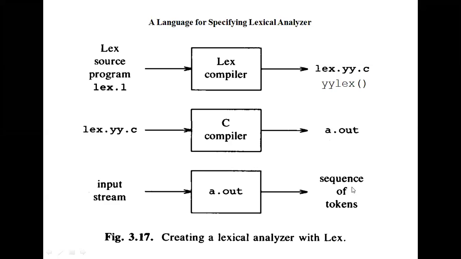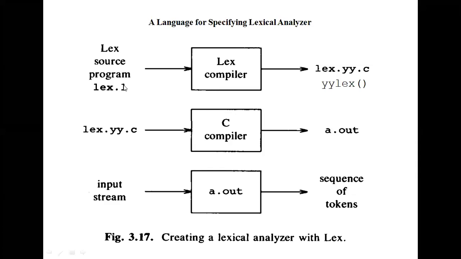Right? This is generating a lexical analyzer by using a tool like lex, or generating a lexical analyzer with the lex tool. Here we have a three-step process, and in this process we are generating the sequence of tokens. I think you are all clear about how the step-by-step process gets executed.